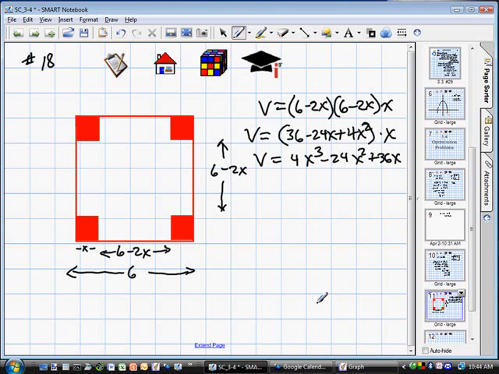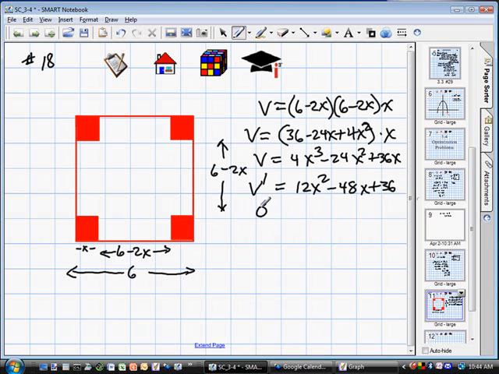Now, how can I get that to be as big as possible? The answer is I need the first derivative to be equal to 0, because I'm trying to find where the high point is. So I need to find v prime. Pretty easy: 12x squared minus 48x plus 36.